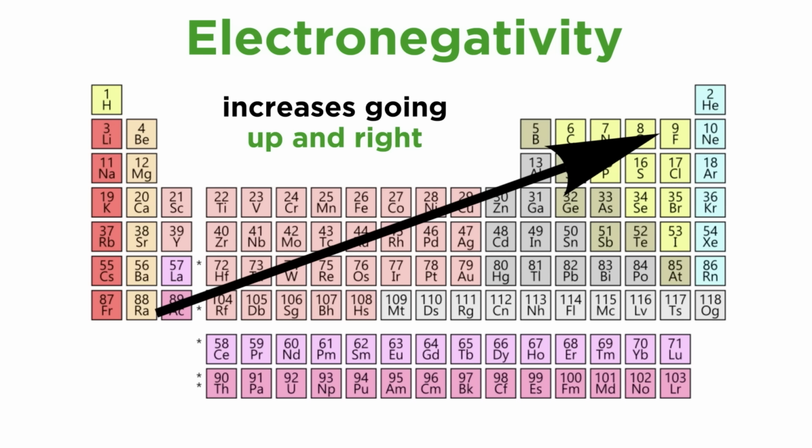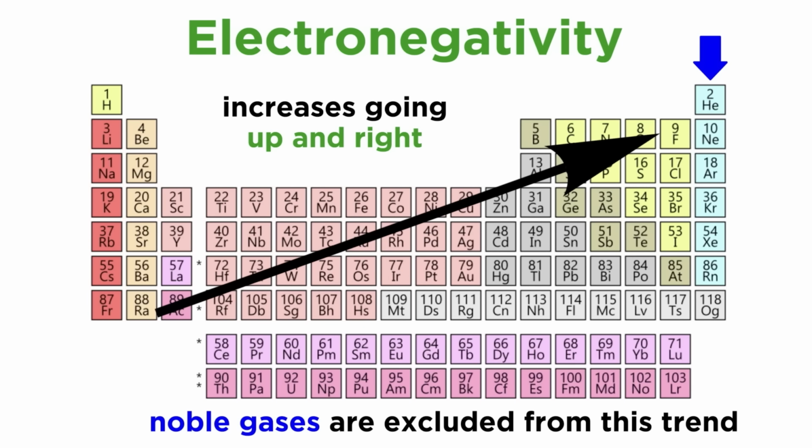It will increase going up and right on the periodic table. Fluorine will have the greatest electronegativity, and francium will have the lowest. Again, we will exclude the noble gases from this trend, as with their full valence shells, they are not likely to share electrons, making electronegativity meaningless for those elements.